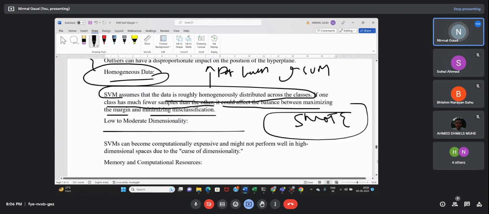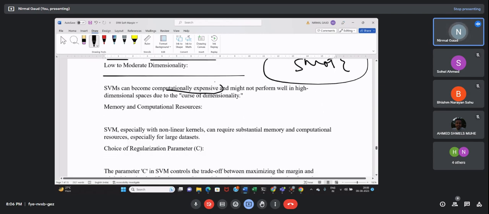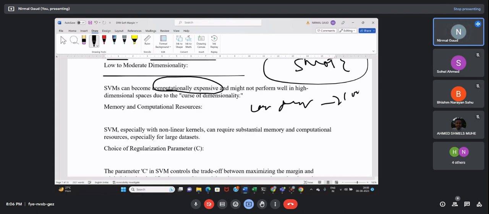So low to moderate dimensionality means SVM can become computationally expensive. See, if you have large data, obviously SVM is computationally expensive. It will take long. If you are doing hyperparameter tuning of SVM, you should have good memory.